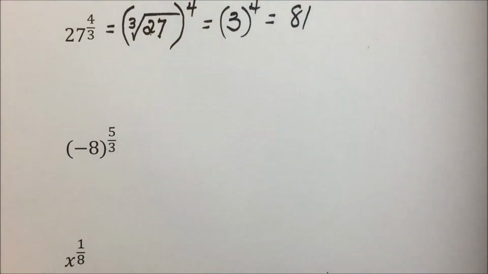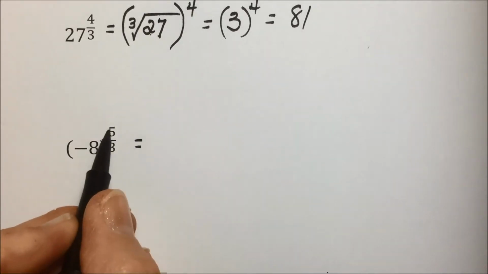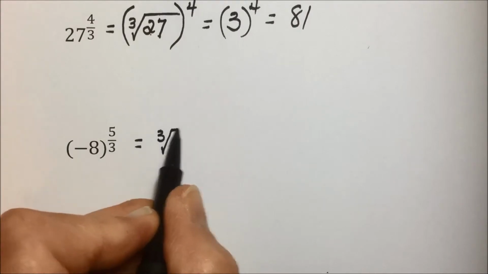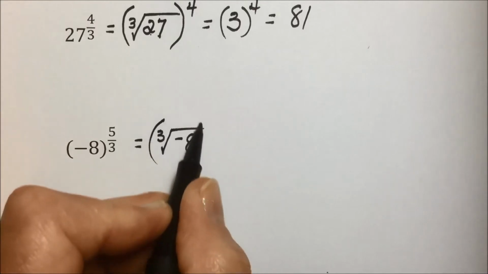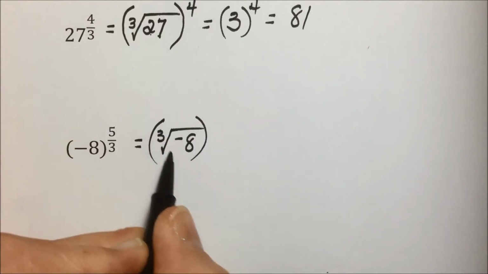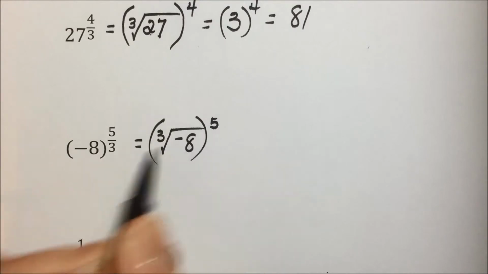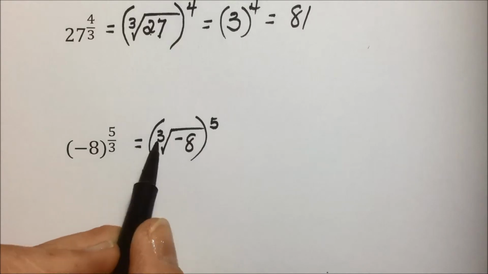In this next problem, when we write this as a radical, again, the denominator of your exponent becomes the index of the radical. And similar to the last one, instead of taking the cube root of something raised to the 5th power, we'll put off that power until after we've simplified the radical.